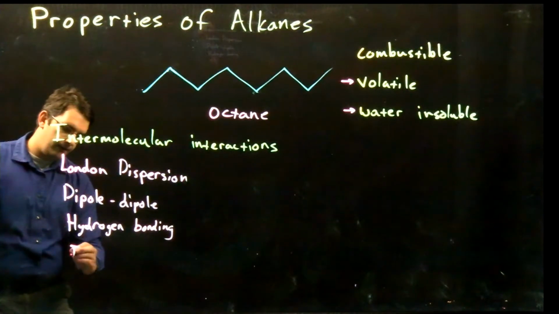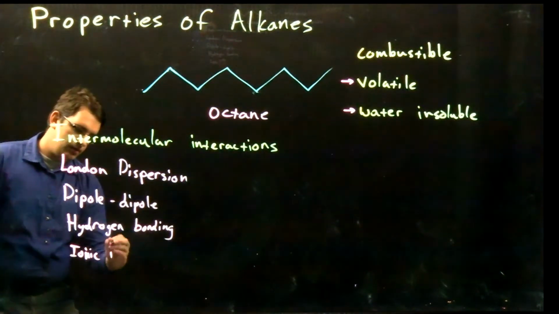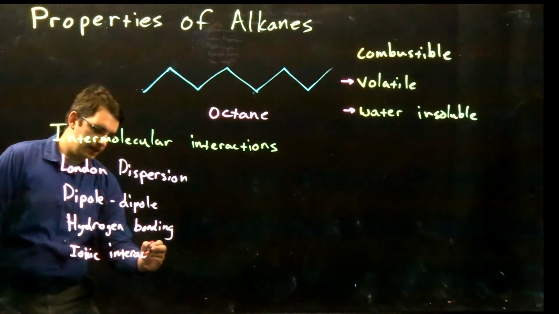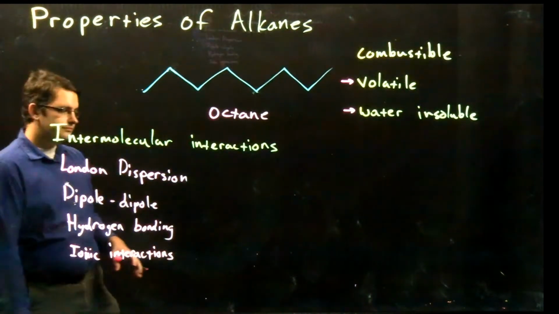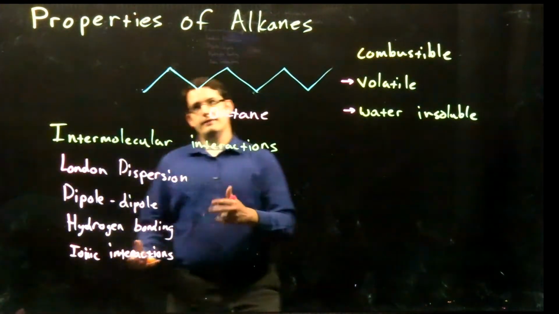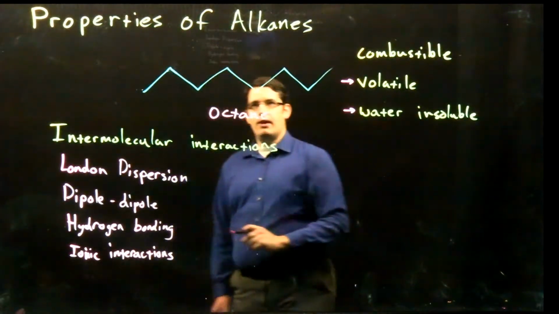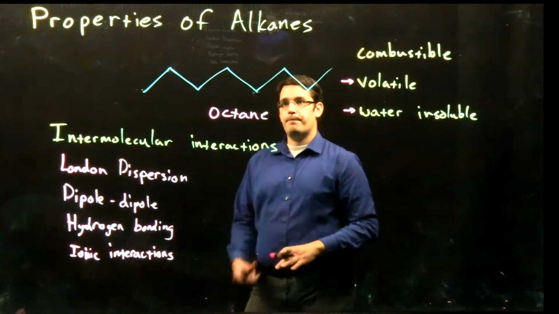And of course we have ionic interactions, which occur between positive and negative charges. For these intermolecular interactions, of course, our strongest are ionic interactions and hydrogen bonding. Our weakest are London dispersion interactions.